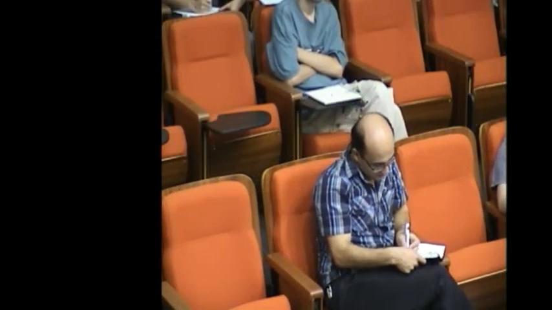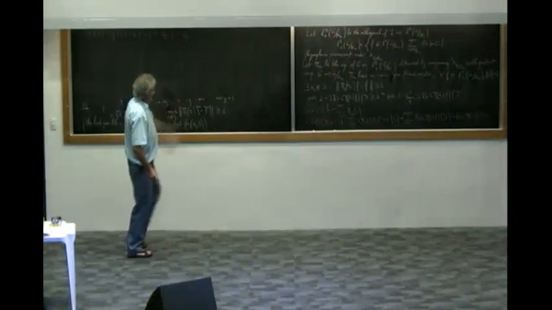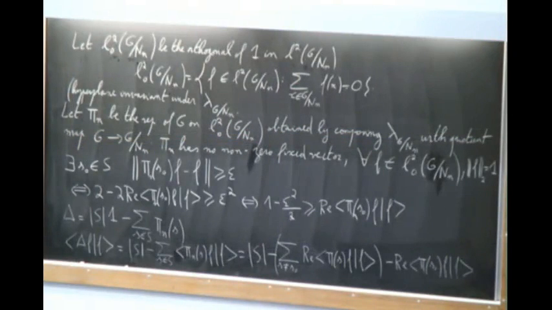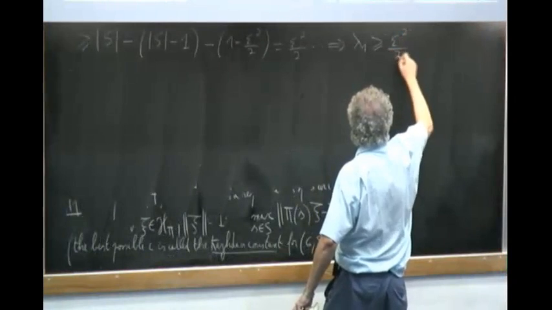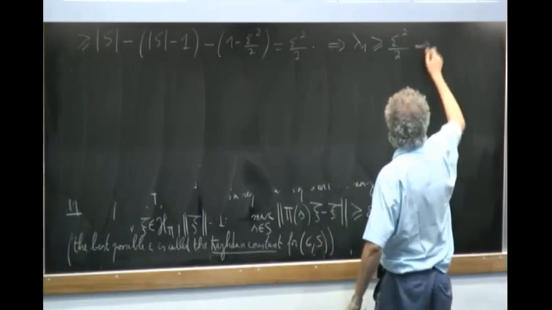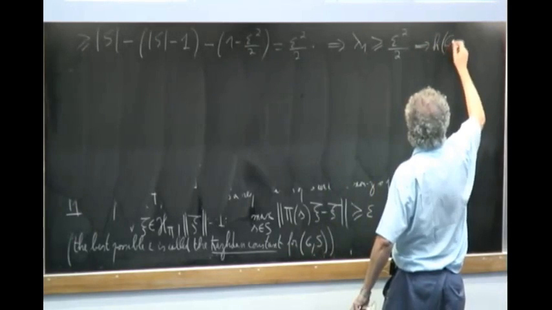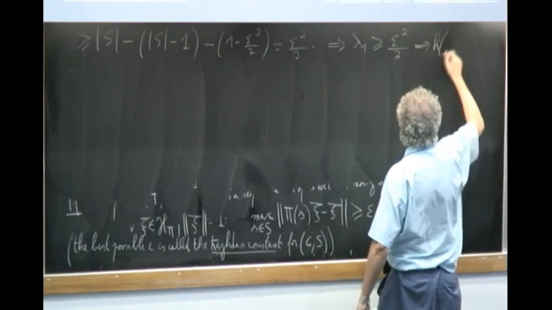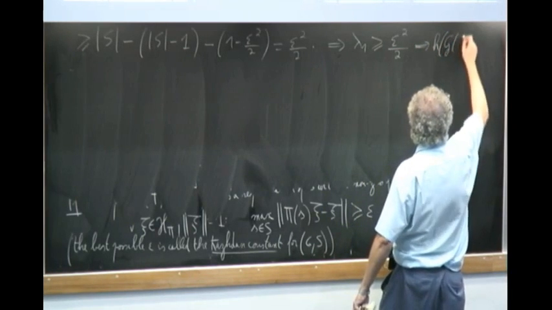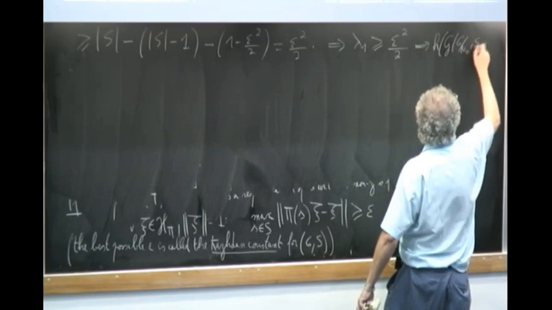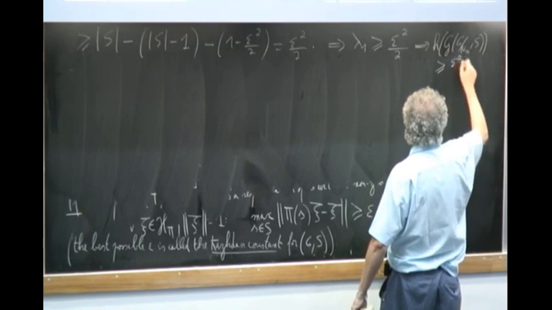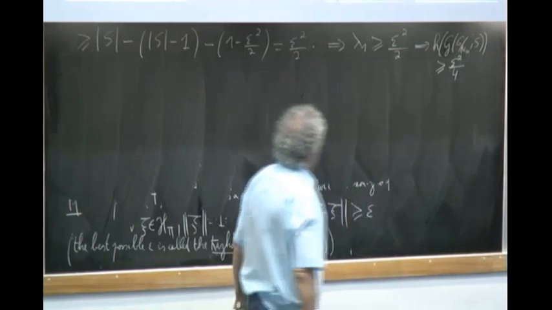Anyway, by the Rayleigh principle, this implies that lambda 1 is larger than epsilon squared over 2, and therefore, by the Cheeger-Buser inequality, H of this Cayley graph is larger than, should be, epsilon squared over 4. That's it.